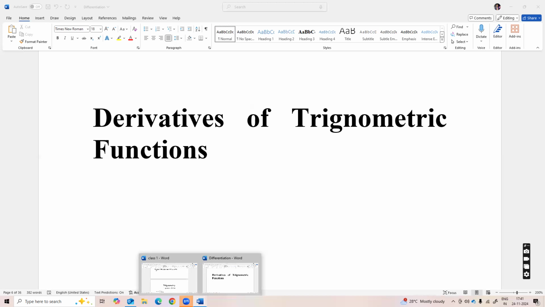So in physics all those things will be very useful. So the formulas I told: for y equal to constant, the differentiation or derivative is 0. For y equal to x to the power n, if the function is of that kind, then the derivative y dash is n x to the power n minus 1. All this you will have to remember.